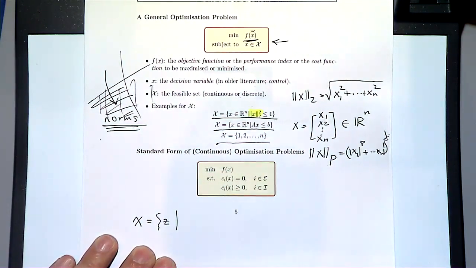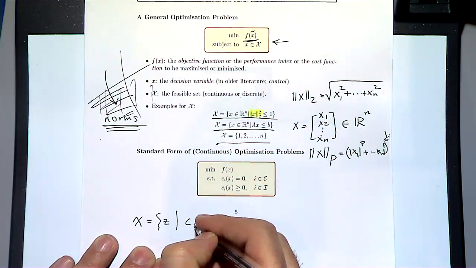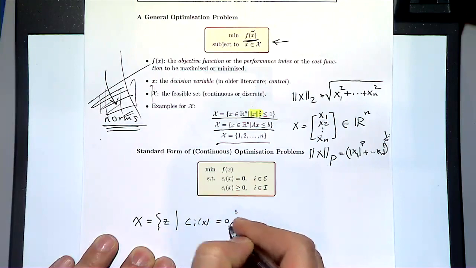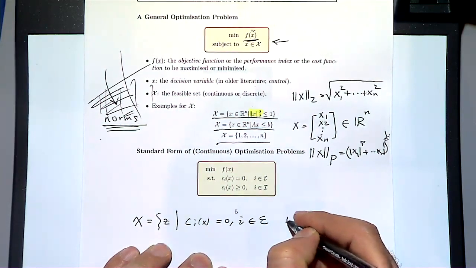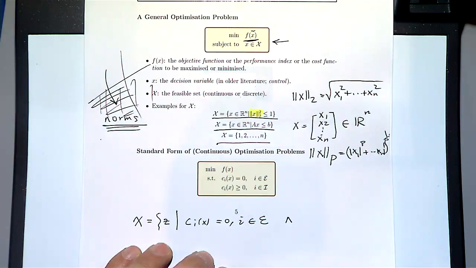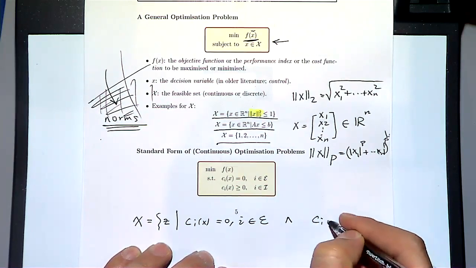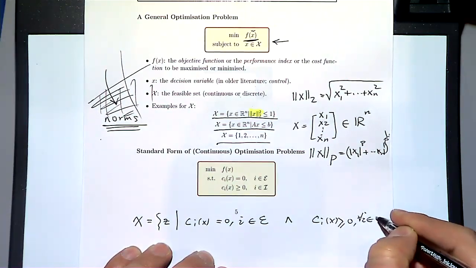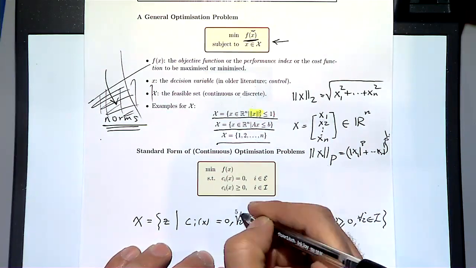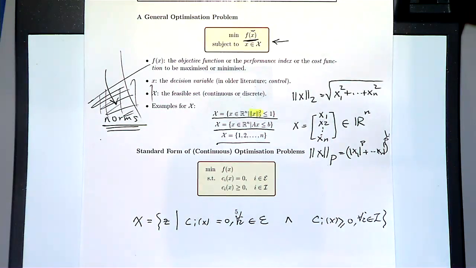So all the z's that satisfy all the equality constraints, and that's logical, satisfy that inequality for all the inequality constraints.